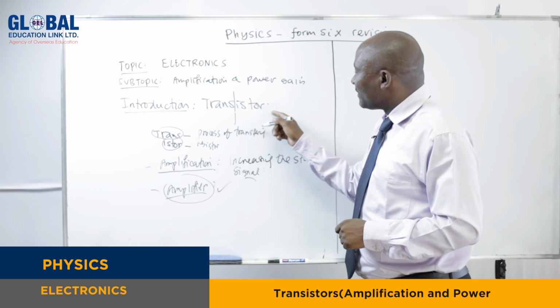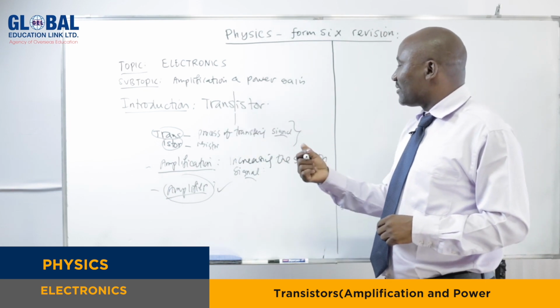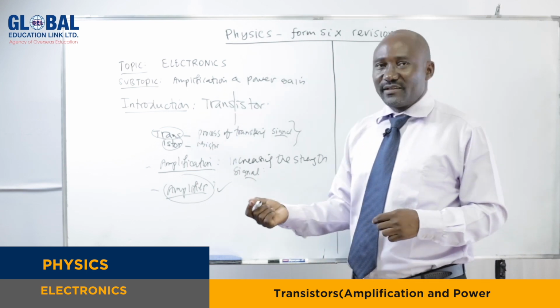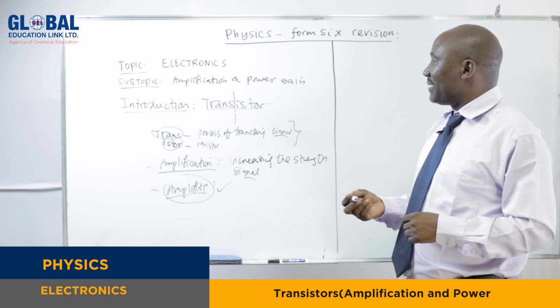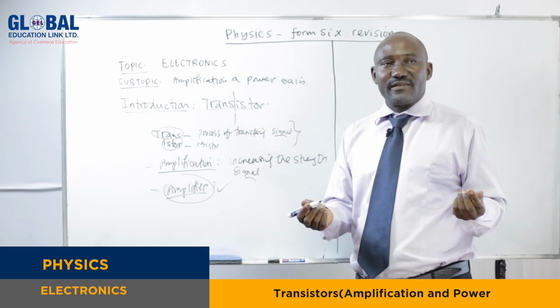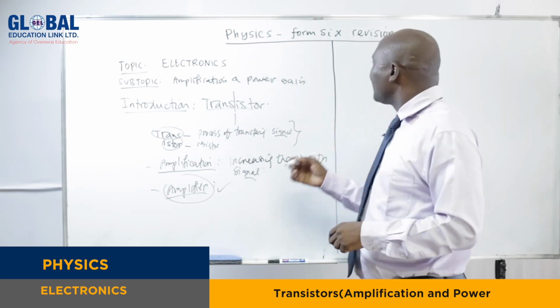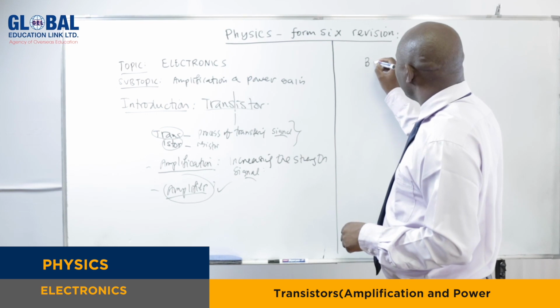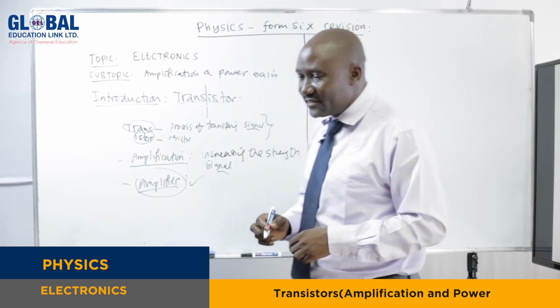Now we have seen the meaning of a transistor as a device which transfers signal from one region to another region, as you can see from the way a transistor is made. But how do you make a transistor? There are different types of transistor, but in today's discussion we base on the bipolar type, the bipolar junction transistor, BJT.